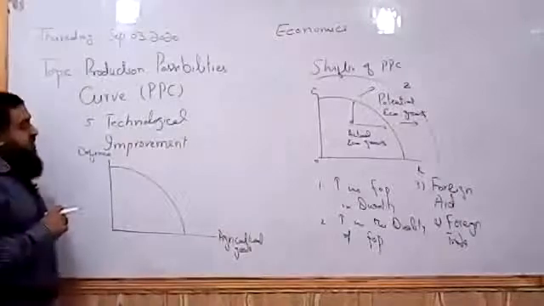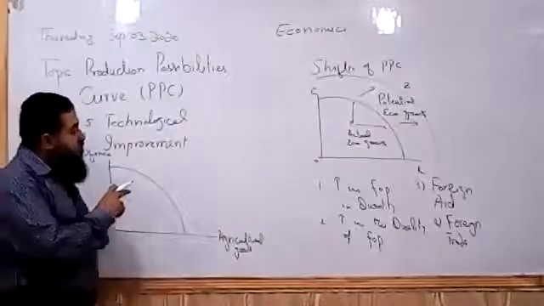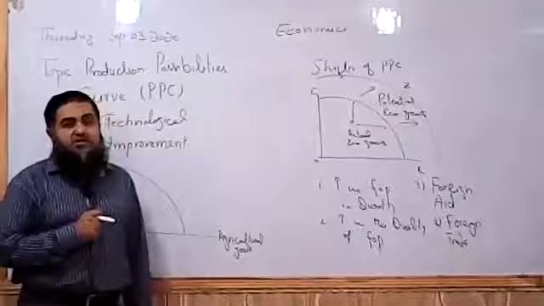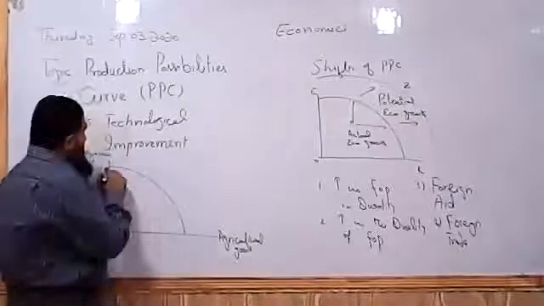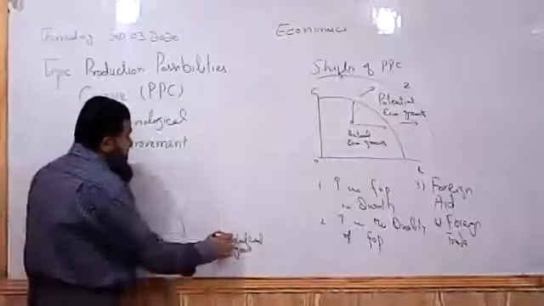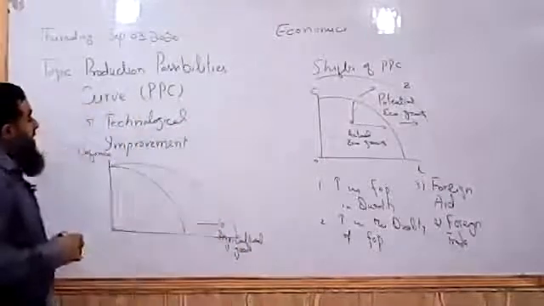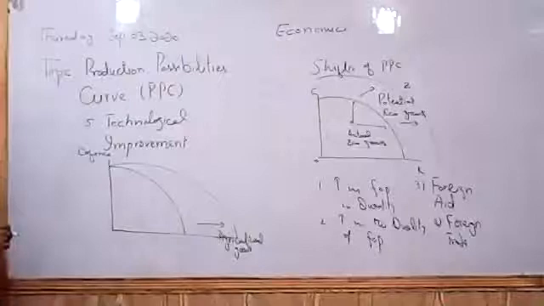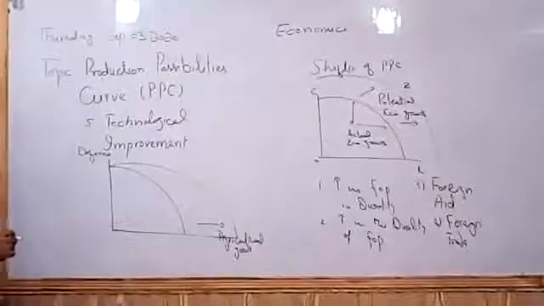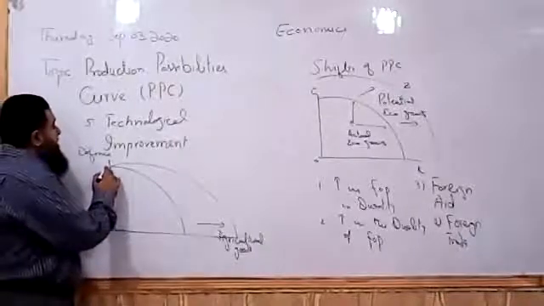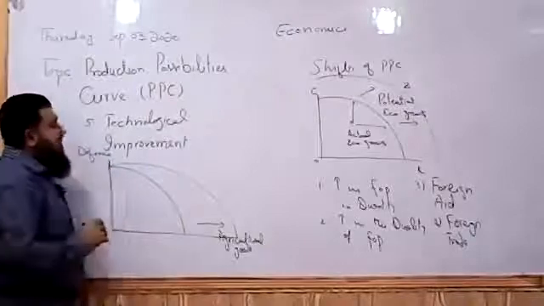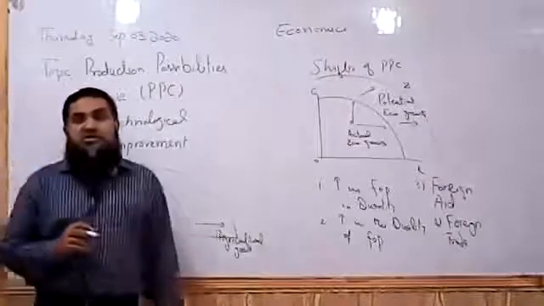So if technology is improved to produce more of agricultural goods, what happens? Now we will have a pivotal outward shift. Now PPC is showing us the potential to produce more agricultural goods has increased, but the potential to produce more defense of the country goods hasn't changed.